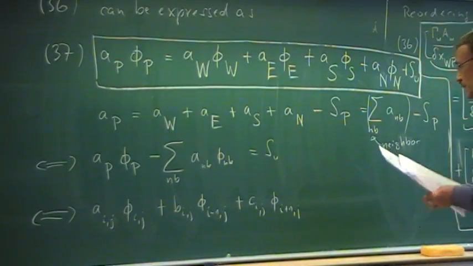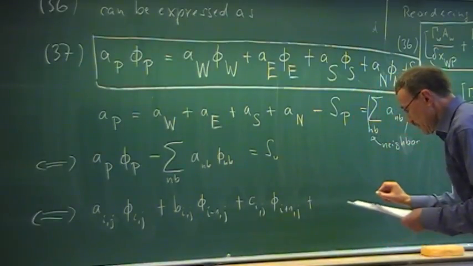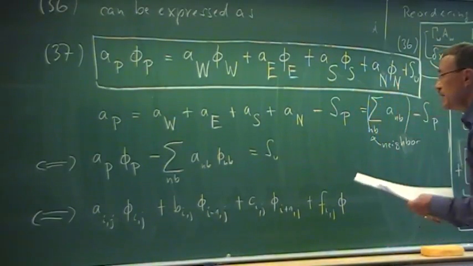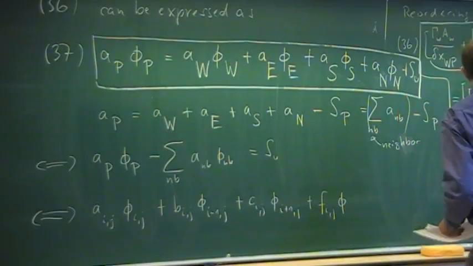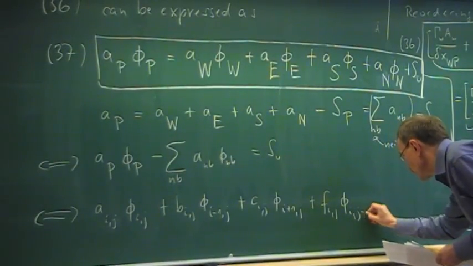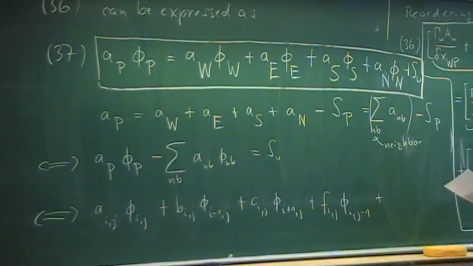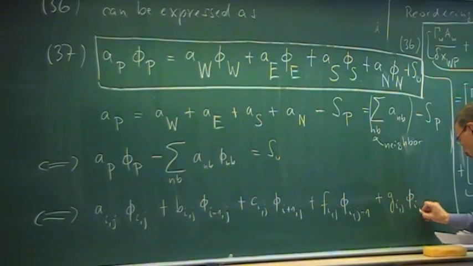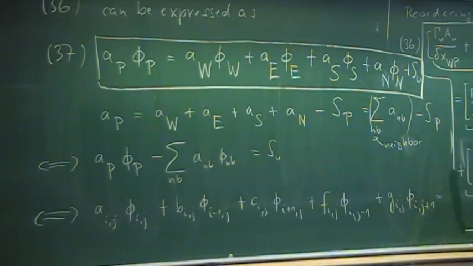I give you the correspondence in a minute, and there I introduce the name Fij. So that is relating to the minus AS, and that is going to phi i j minus 1. And then we have the minus AN. There I introduce Gij, phi i j plus 1. And all that is equal to SU, and that is called now, in this notation, as we did in 1D, Dij.